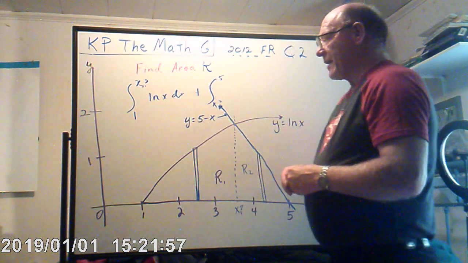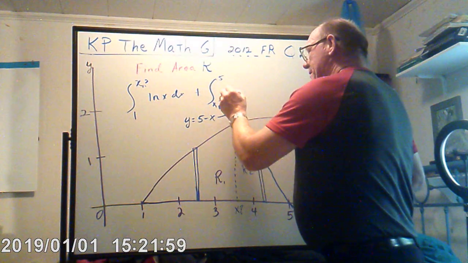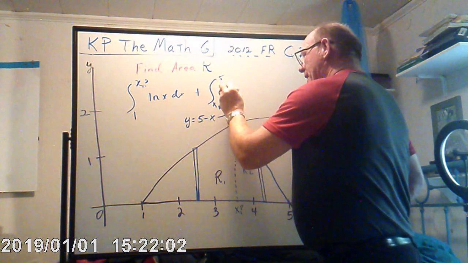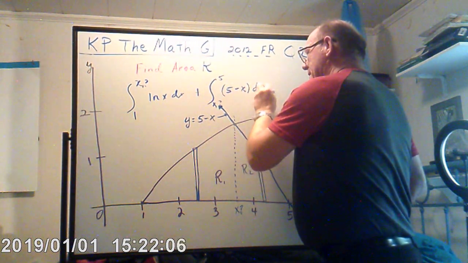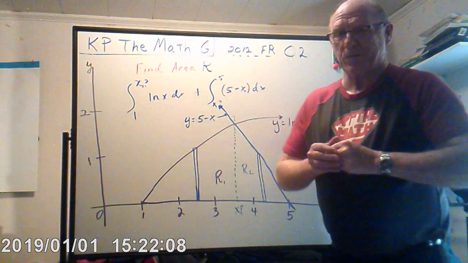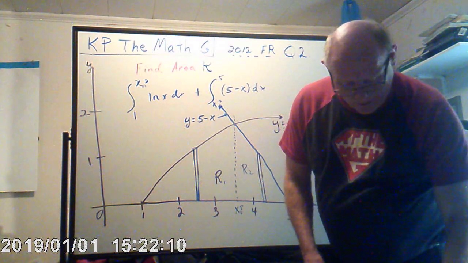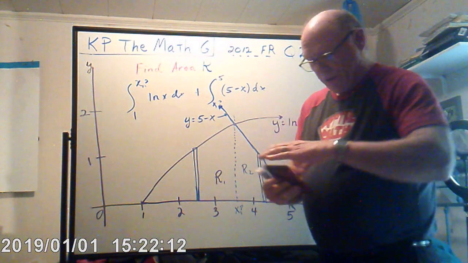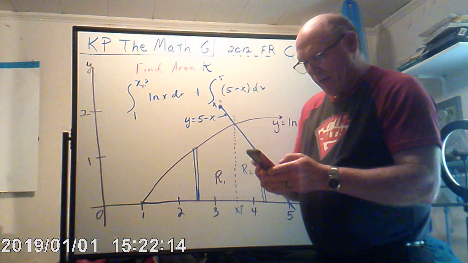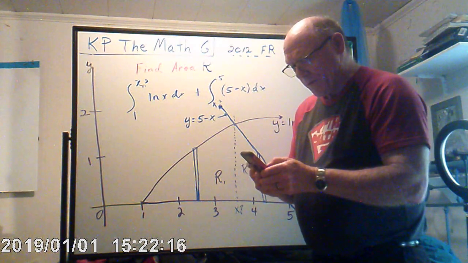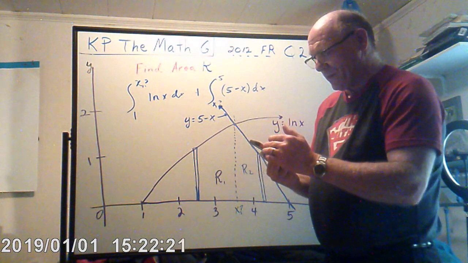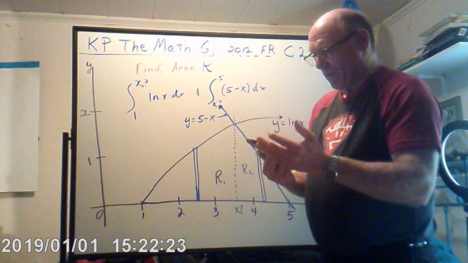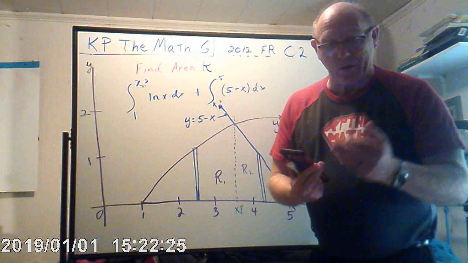Well, we have to figure out, by the way, this is 5 minus x dx. If you want to do it that way, you're welcome to, but now we have to find where they intersect. To do that, you have to go to y equals and put those functions in, y sub 1 and y sub 2.